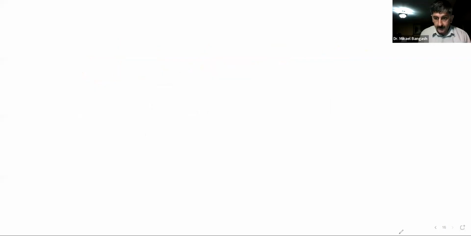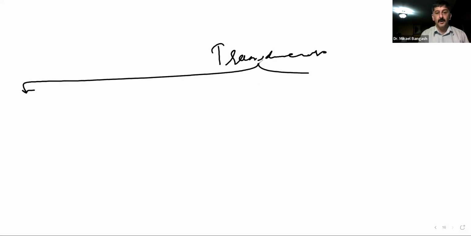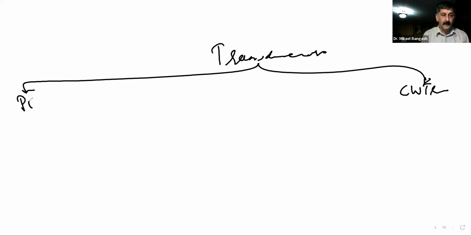What I said the other day when we did all this is that as far as the transducers are concerned, we have two kinds of transducers. We have continuous wave transducers, and then we have pulsed wave transducers.